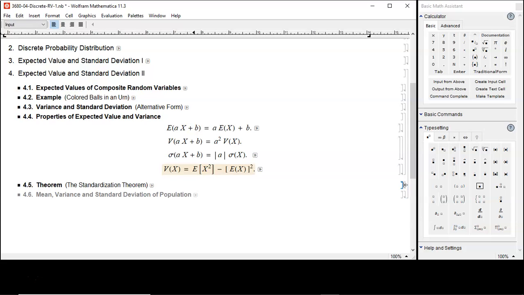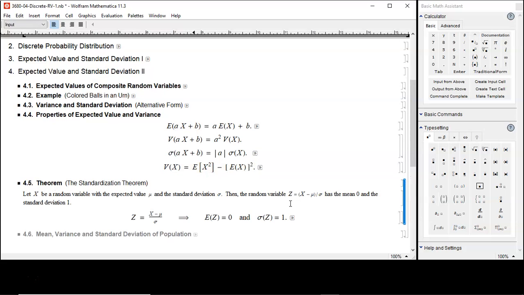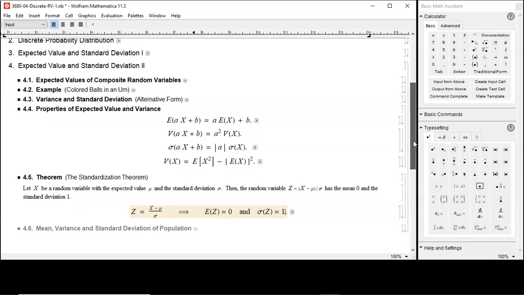Alright, and then we have another expected value expression. Let's see. If you take the random variable Z by this expression, X minus mu over sigma, then that new random variable Z has expected value 0 and standard deviation 1.